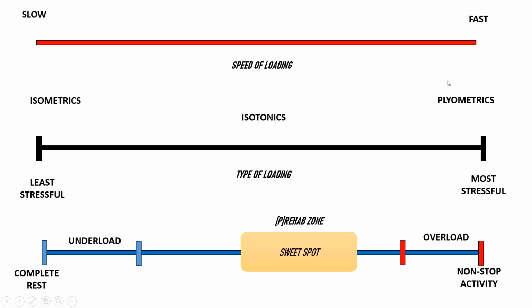That, you can see where it says plyometrics, that's what I'm talking about. So the faster the rate at which we load a tendon, and with that bounce, without any interruption or pause between, that's going to be your top end of how strenuous it is. Now remember, I'm saying strenuous specifically.